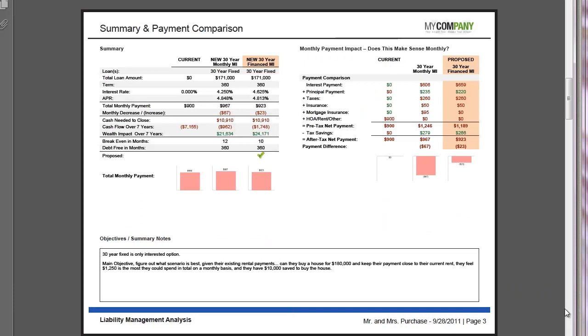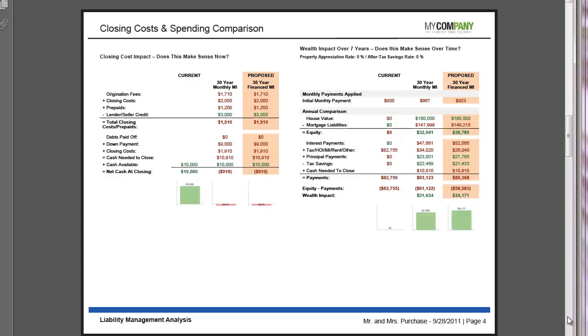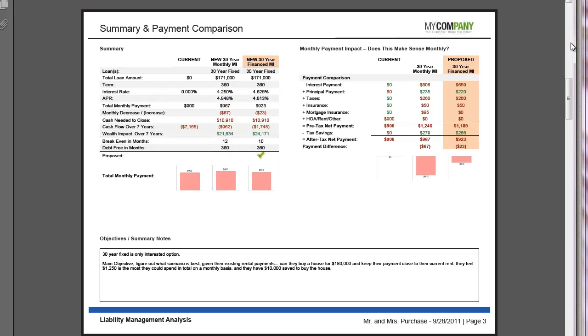And this is my new 2-page summary. So I've got the first page and the second page. And what you'll see is this is actually the 5-page plan, but summarized and condensed into just 2 pages. So you can have a nice, simple conversation with your client about the options that may be available for them.